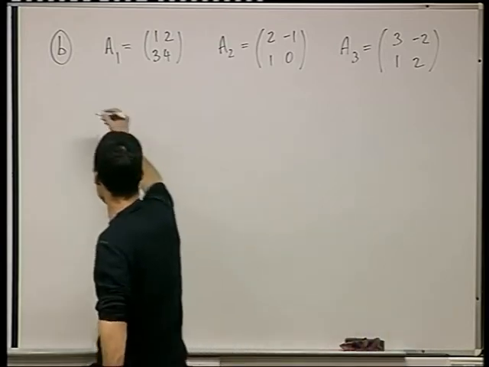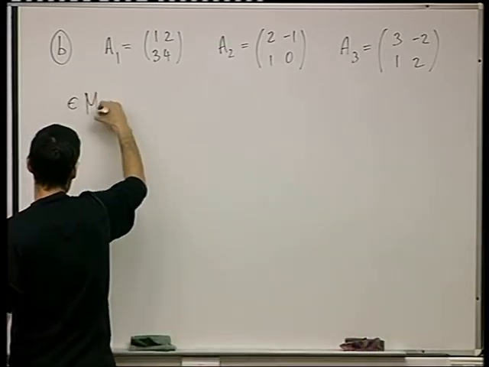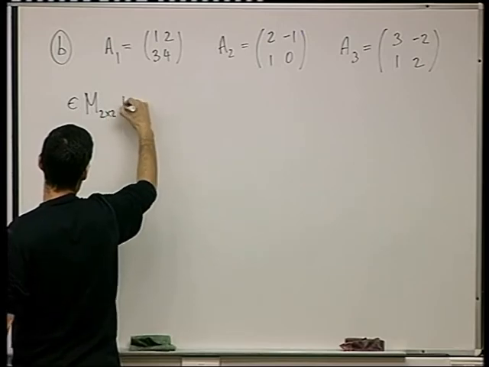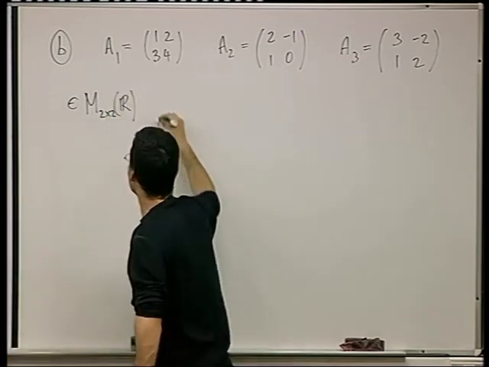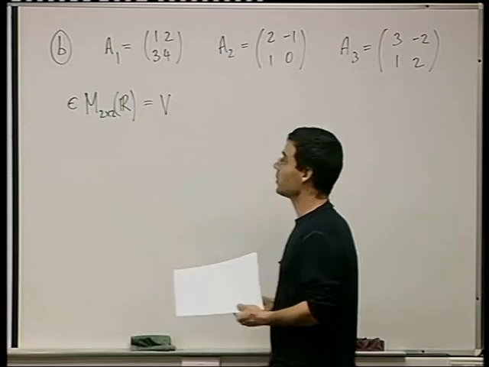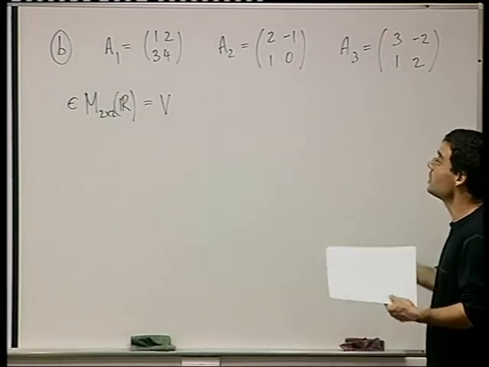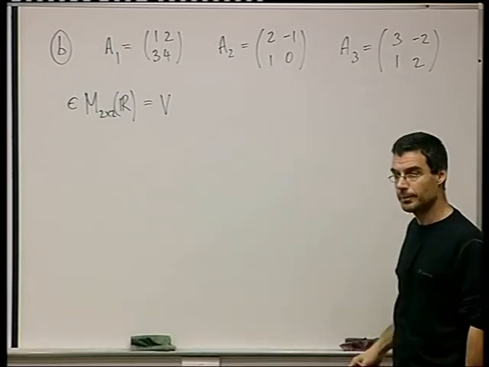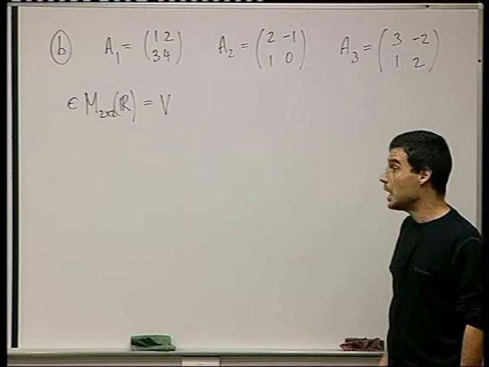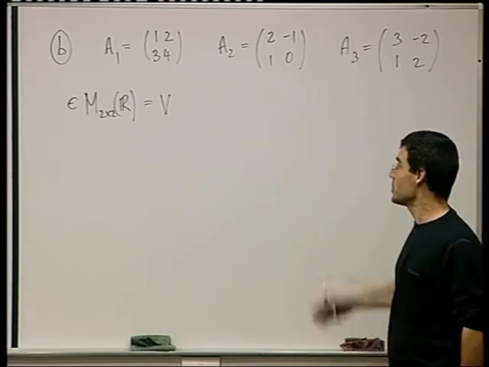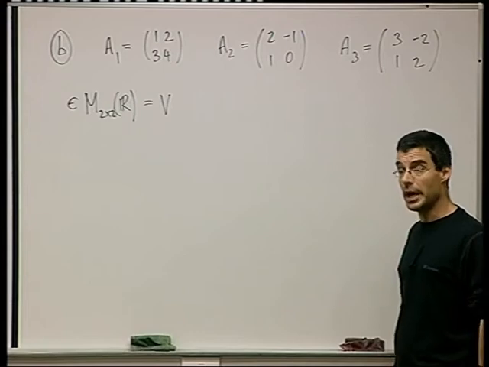So all these three belong to the 2 by 2 square matrices over R, which is the vector space to which these three vectors belong. Do you agree? And a perfectly legitimate question is, are they linearly independent or not?